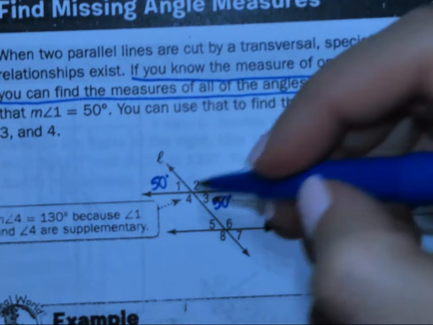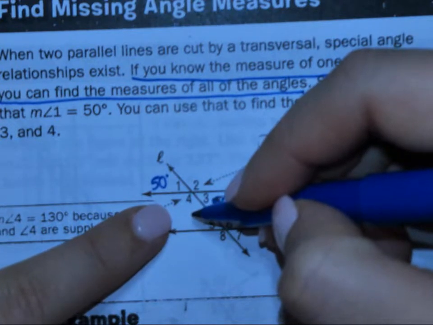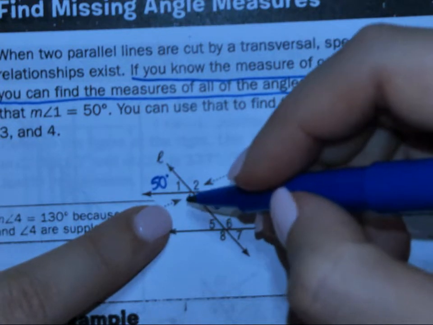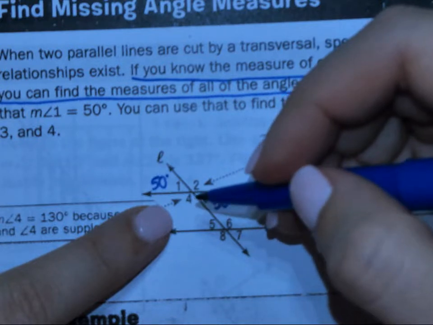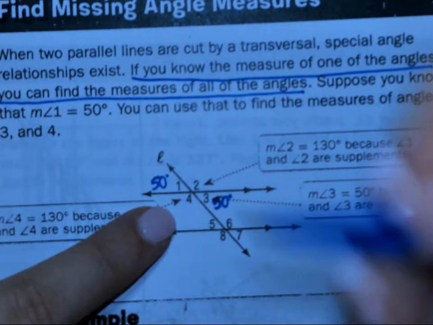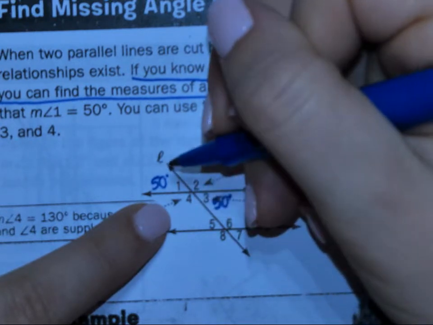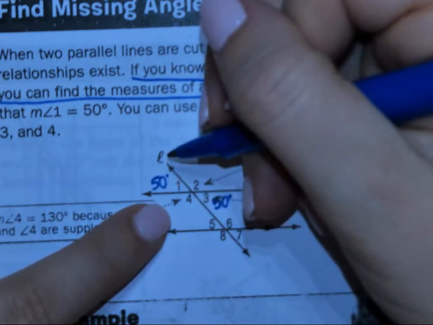How can I go on to find angle measure 4? Andrew? Because it's a straight angle, subtract 180 by 50. I know that 1 and 4 together make this straight angle, so they're supplementary. They add up to 180.